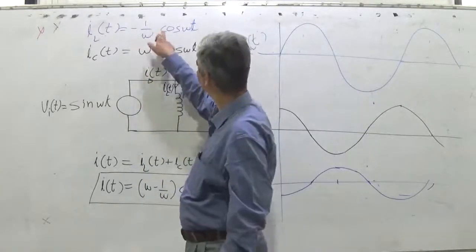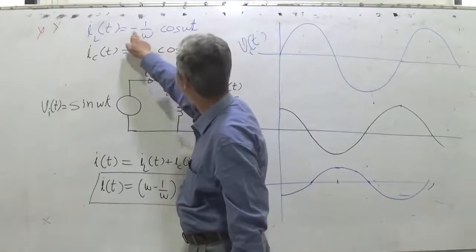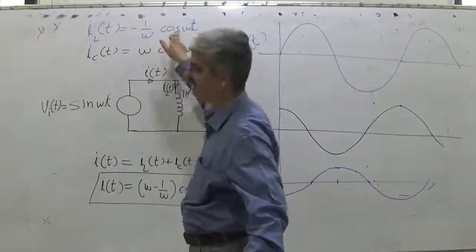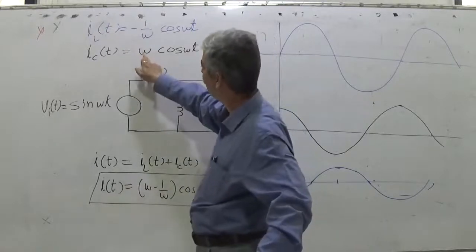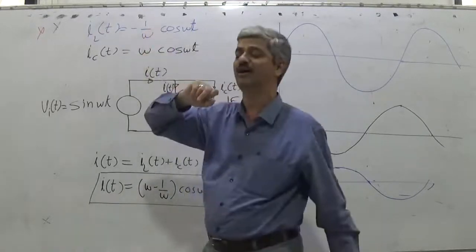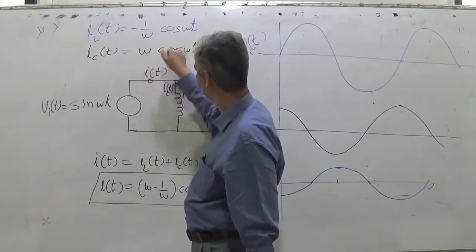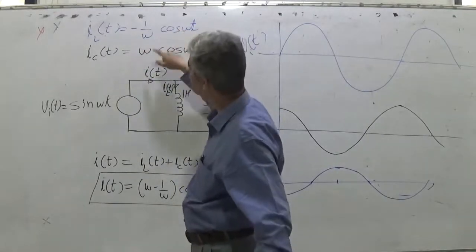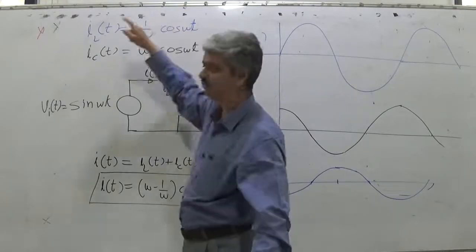So it is cos omega t and minus cos omega t, which are already out of phase. Now the values are omega and 1 upon omega.